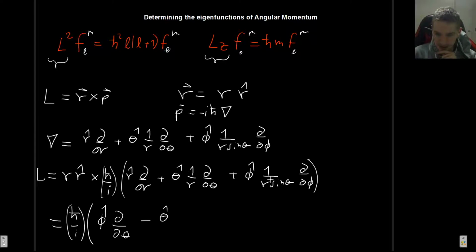This r cancels out this one, and we're going to get 1 over sine theta d phi. Okay, so this is what L looks like right now.